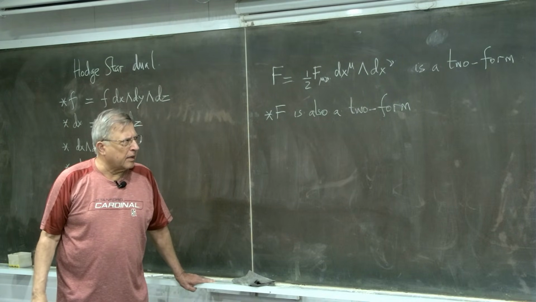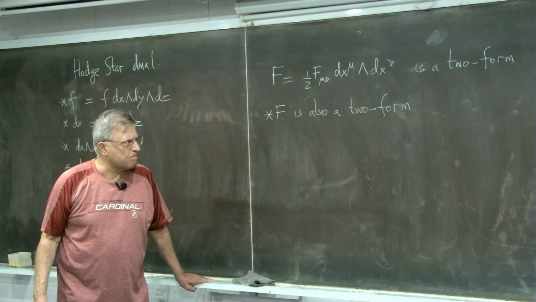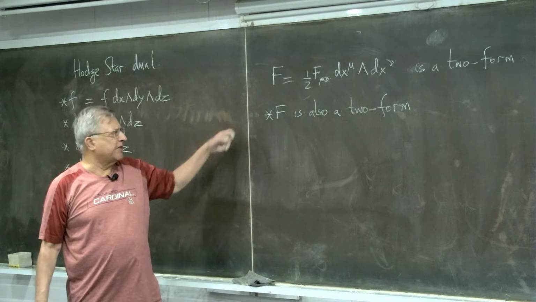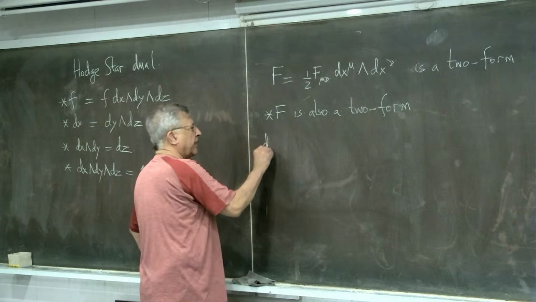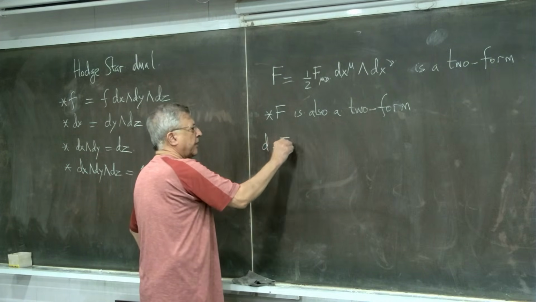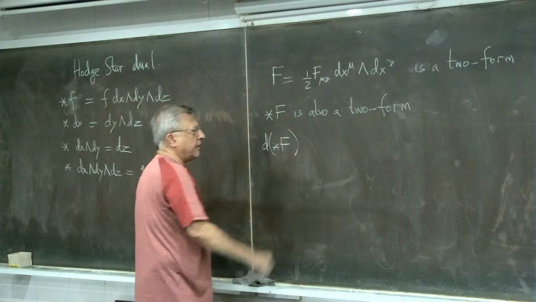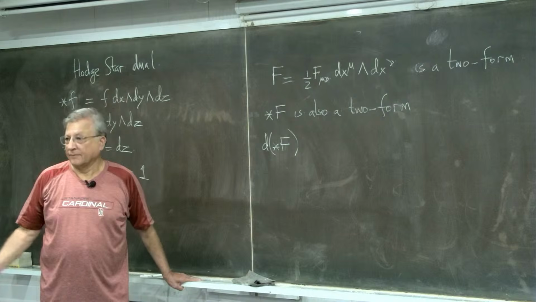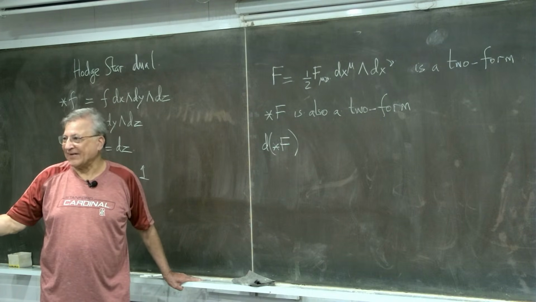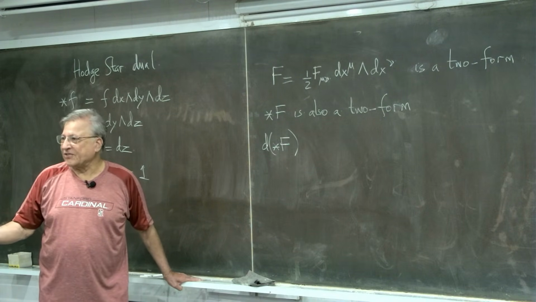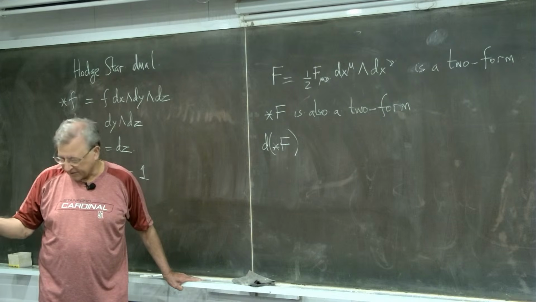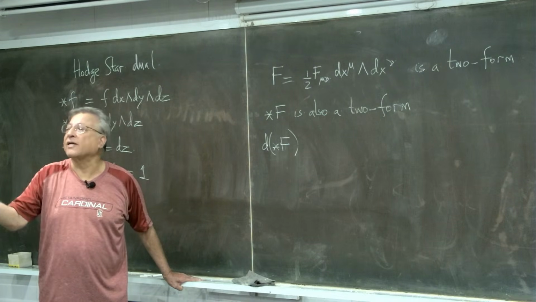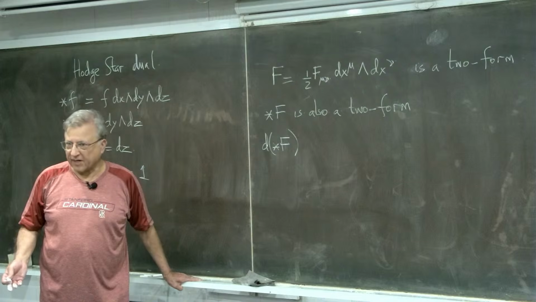And now, if I take d of this, what will this give me? A 3 form. Yeah. By definition, what the exterior derivative does is it raises your form level by 1.